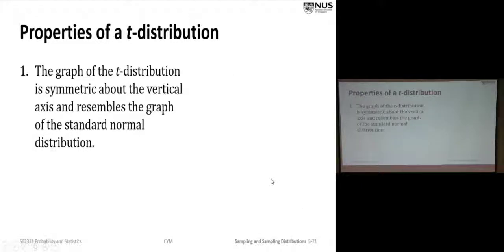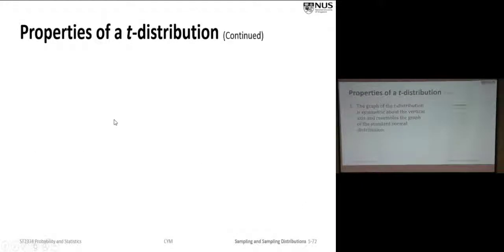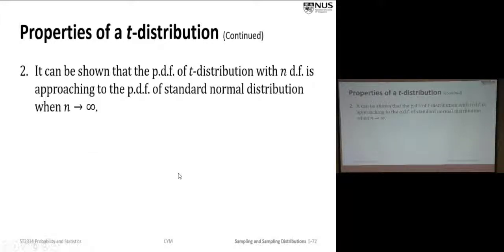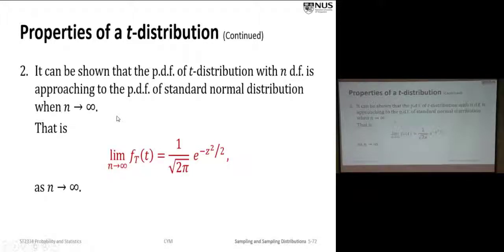So here are some properties of the t distribution. It is symmetrical with mean centered at 0. And as the degrees of freedom gets bigger and bigger, it gets closer and closer to a standard normal distribution. When n goes to infinity, it looks like a standard normal.